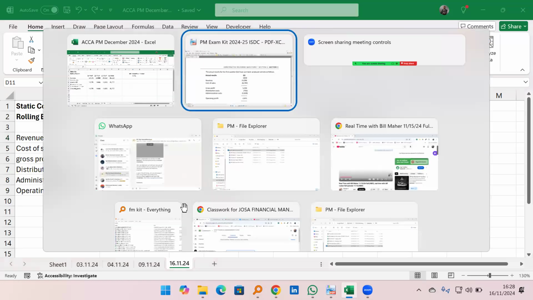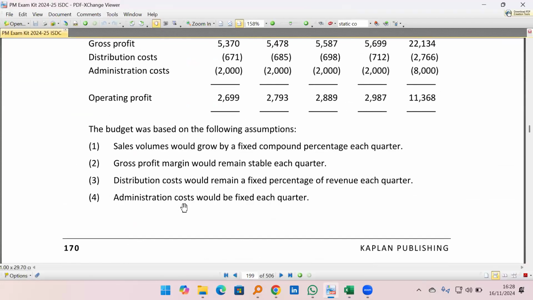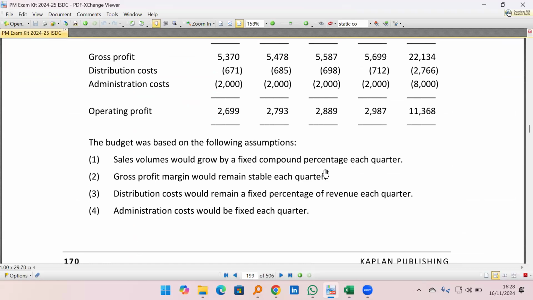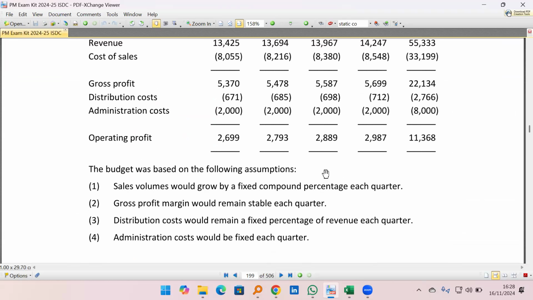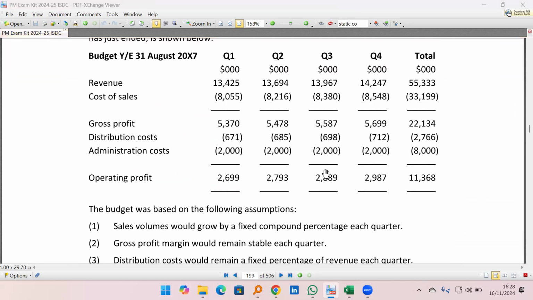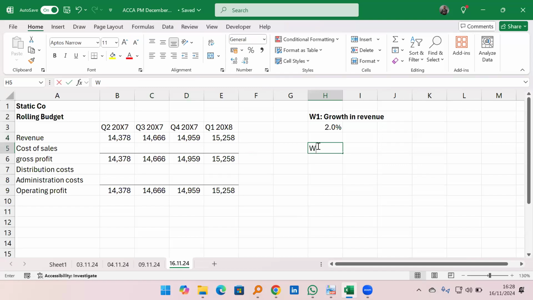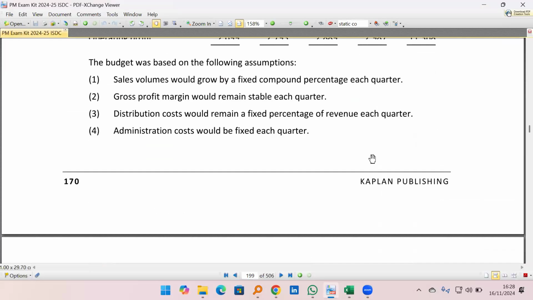And the other assumption that we had was that the gross profit would remain stable each quarter. So what was the gross margin? If you look at another working, gross margin, of course we are going to use the actuals so that we can determine the gross margin.